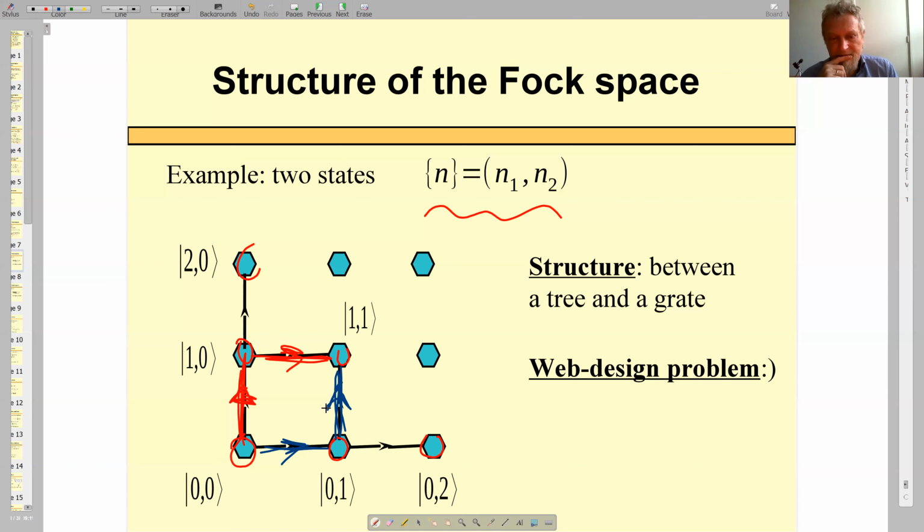Fine. So there's a structure which is somehow in between a tree and a grid. With a tree you would never come to the same node. With a grid you can come many times. That's how it works. How to represent it for the actual situation when we have an infinite number of levels.